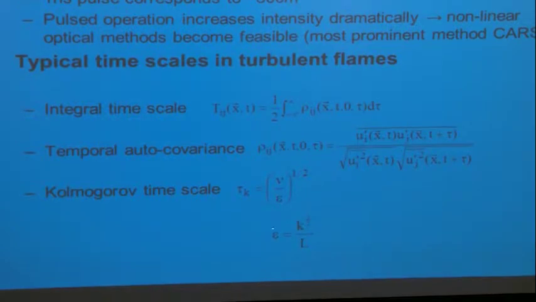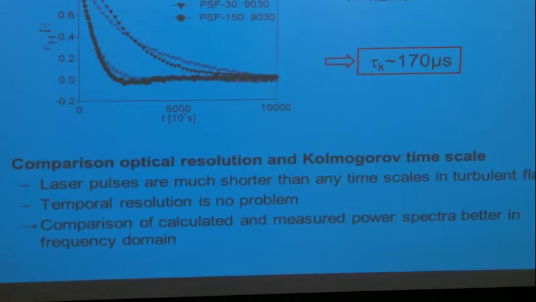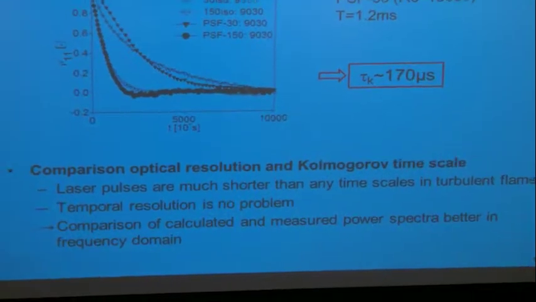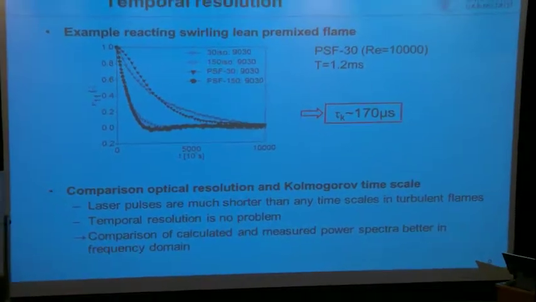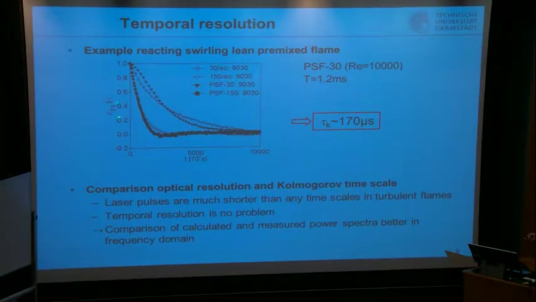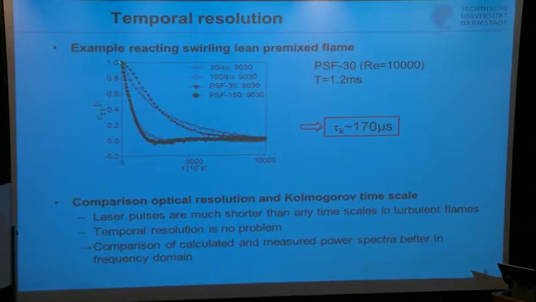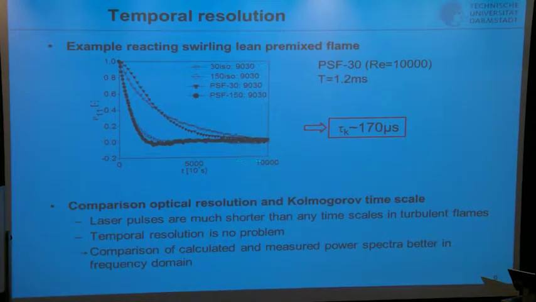And using a normalization, you can end up with a Kolmogorov timescale for homogeneous isotropic turbulence, where again the dissipation rate is estimated from the turbulent kinetic energy and the integral length scale. That is again shown here for the example of this premixed flame, isothermal without combustion or with combustion. You see this temporal autocovariance. Because of the normalization, it starts at 1, and over time it decays.